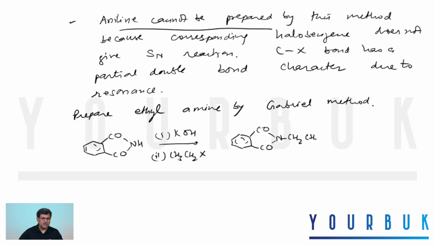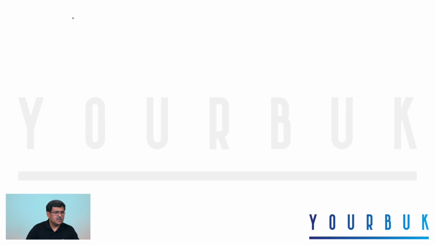And then we hydrolyze this using water and KOH. It gives CH3CH2NH2. So this Gabriel method is used exclusively for the preparation of primary amines. Hofmann bromamide is used to reduce the number of carbon atoms, while reduction is used to keep the number of carbons the same.